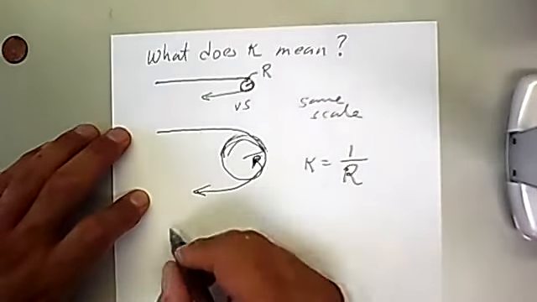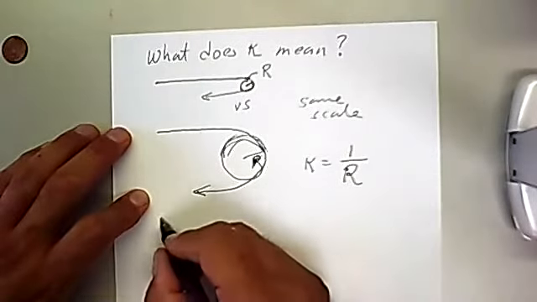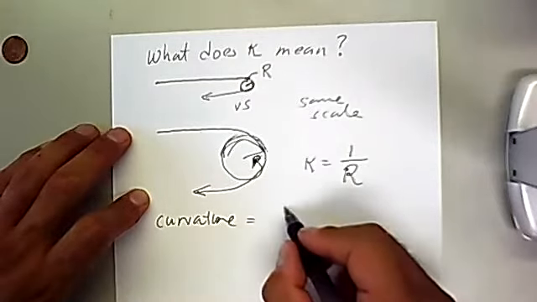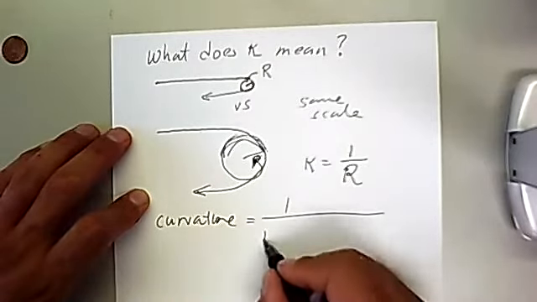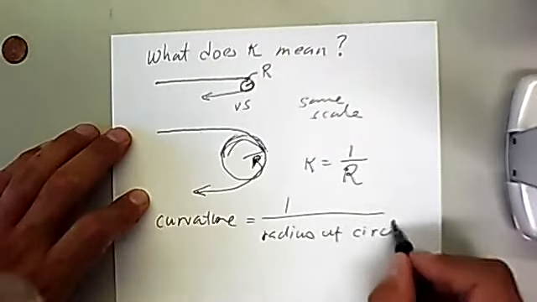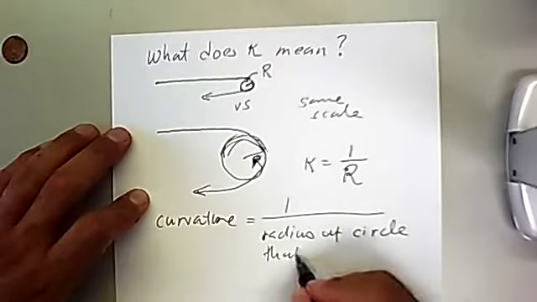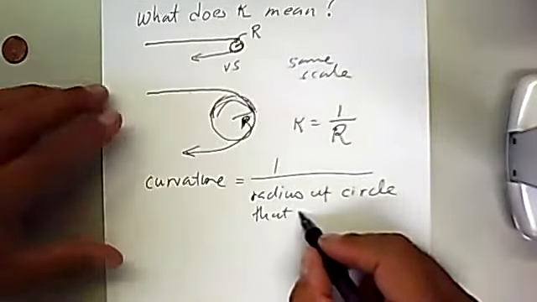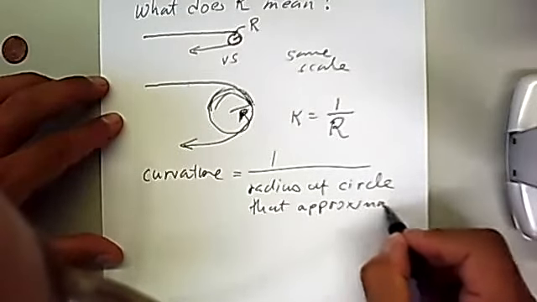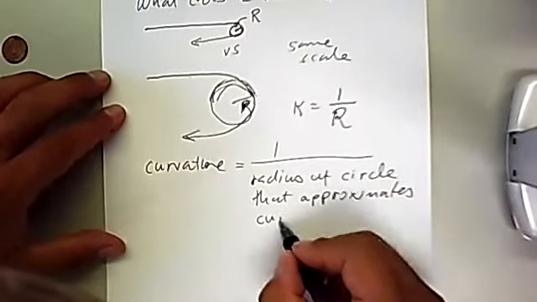So again, curvature is exactly equal to 1 over the radius of the circle that approximates the curve.